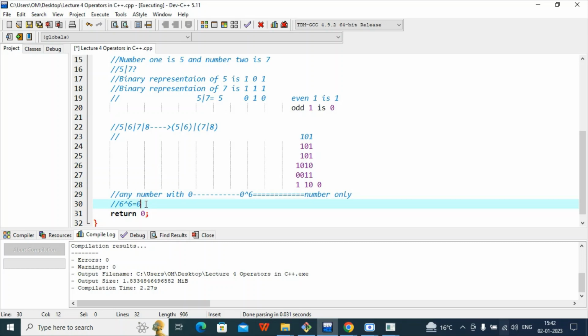XORing two same numbers will always give you 0. 2 XOR 2, 3 XOR 3, it will give you 0 only.